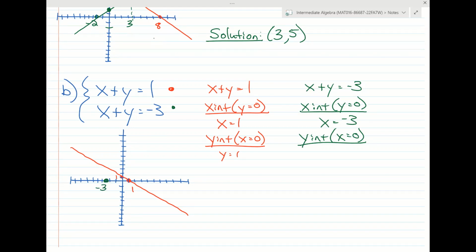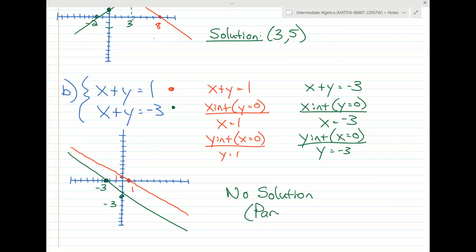And the y-intercept would be -3. My graph isn't perfect, but these lines aren't supposed to cross. They're supposed to be parallel. So we just said there's no solution because the lines are parallel.